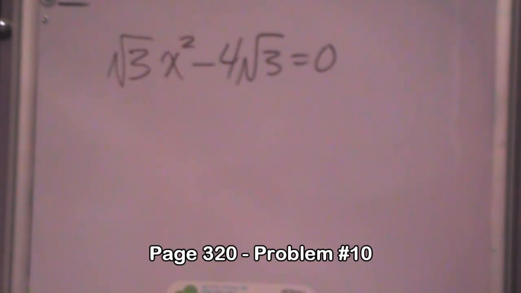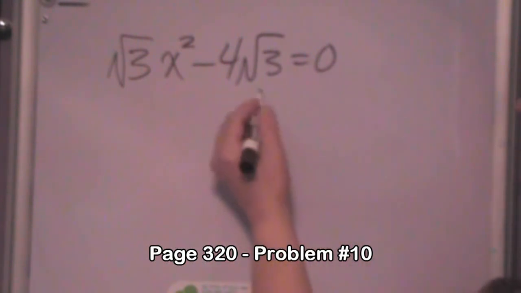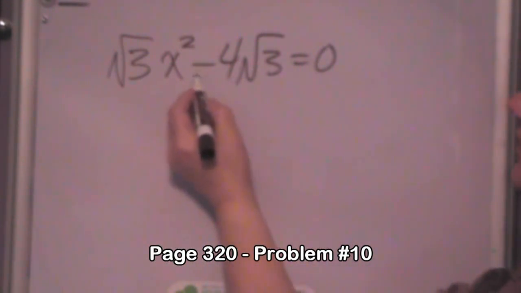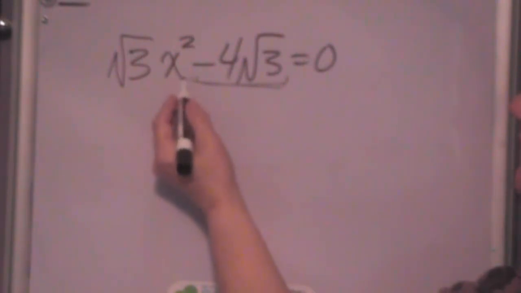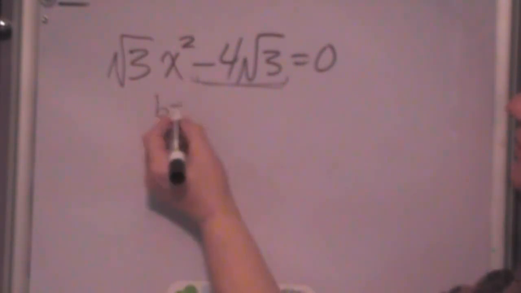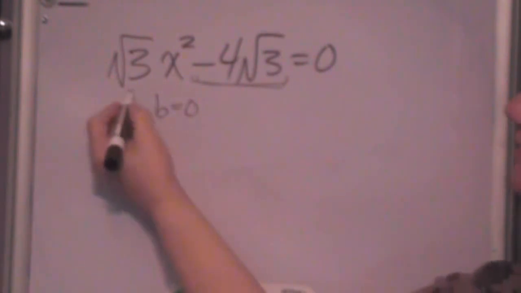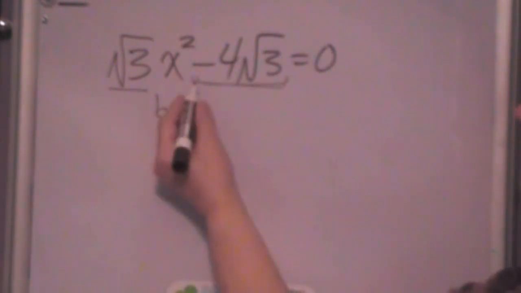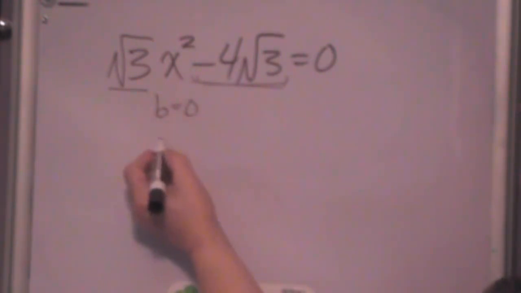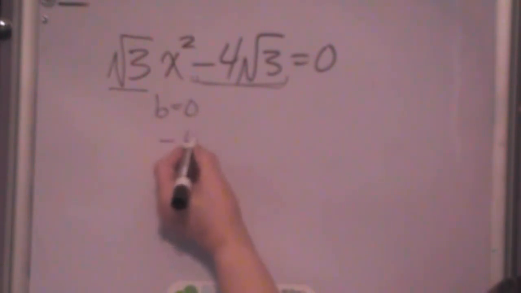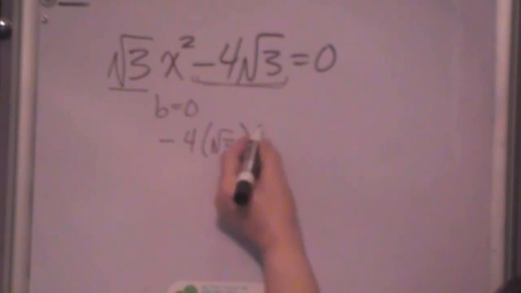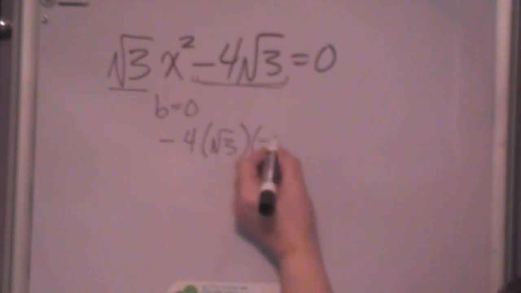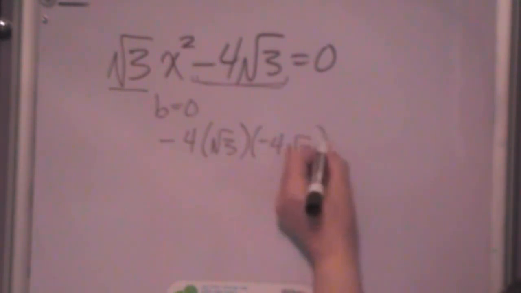Now you might be a little bit confused about this because the middle term in this is not there. So this is your C right here: negative 4√3 is C. B here is 0 because there is no x term, and A is √3. So now 0 squared is just 0 minus 4 times √3, which is A, times C, which is negative 4√3.